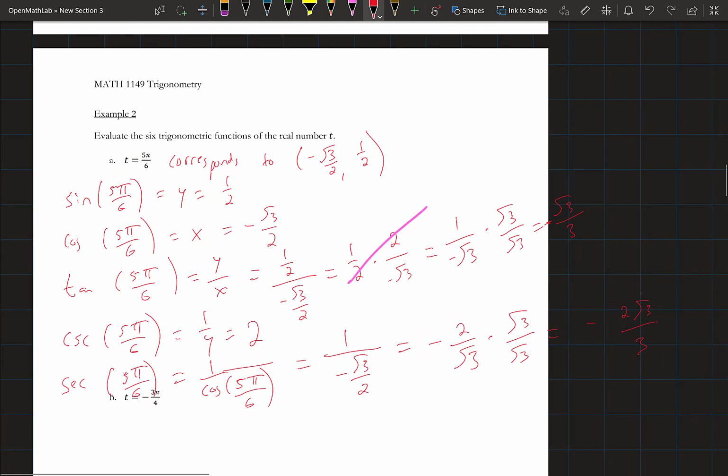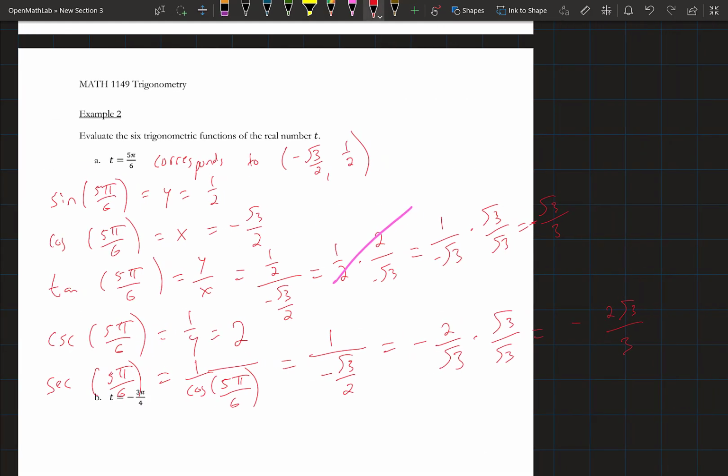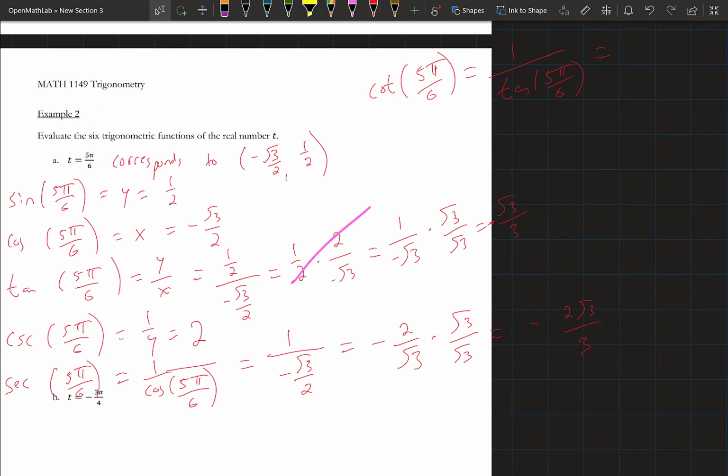Right. So then the last one we need to do is cotangent. Cotangent of 5 pi over 6 is equal to 1 divided by tangent of 5 pi over 6, the multiplicative inverse of tangent. So what I would do is just focus in on this guy, because that's what tangent's equal to.